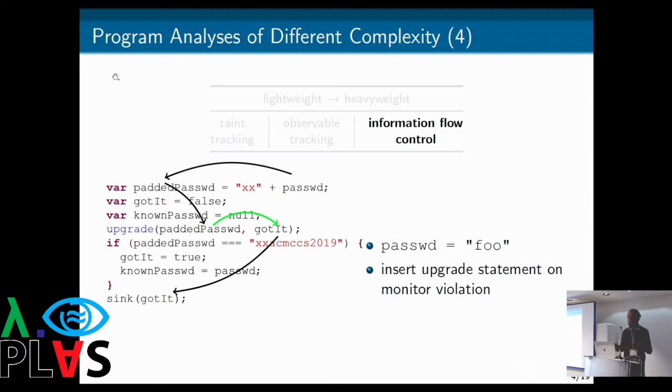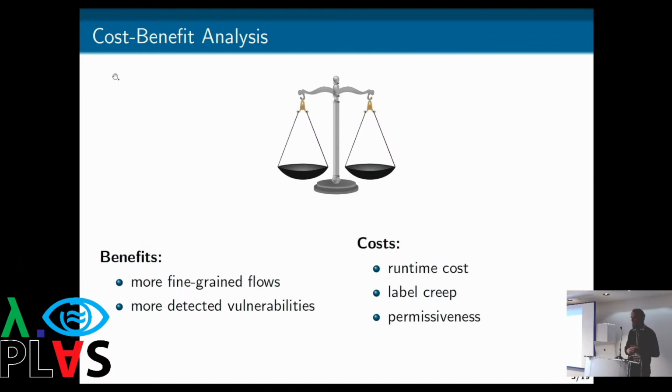So these are roughly the directions of considering implicit flows and explicit flows in program analysis. You can see that we have different design choices from taint analysis to information flow control. But going always to the right, to the heavy side, is not always beneficial, and that's exactly what we want to check in this work: what's the trade-off between the benefits and the costs of choosing more and more complex information flow analysis.